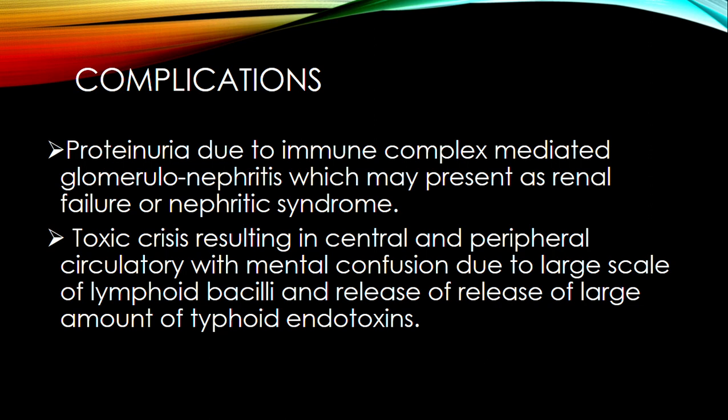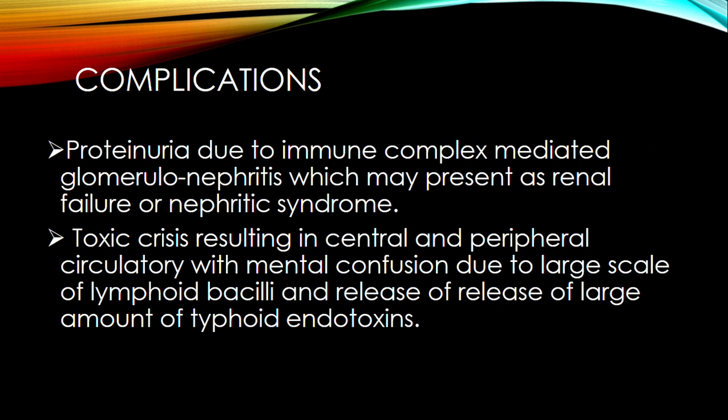And this can be evident in the urine, that there can be proteins in the urine, and this can be detected by performing a urine analysis. So during the investigations, that's why we said that urine should also be collected for urinalysis or urine for microscopy, culture and sensitivity.